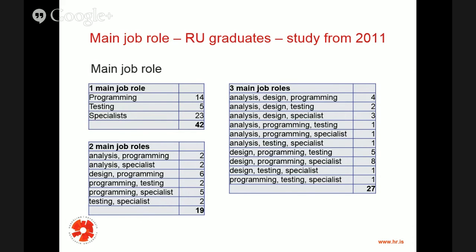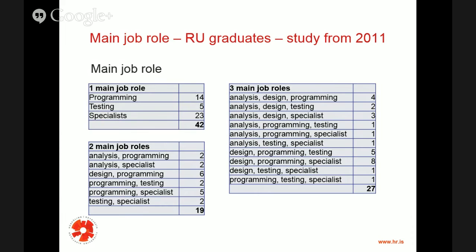These are people that said, I have these three main job roles. My three main job roles are analysis, design, and programming. There were 4 people that said that. There were 2 that said my main 3 job roles are analysis, design, and testing. So this is the frequency of the people. There were 14 that said I'm only programming, nothing more.